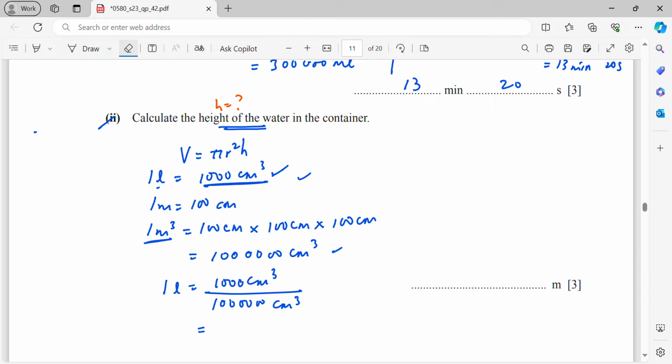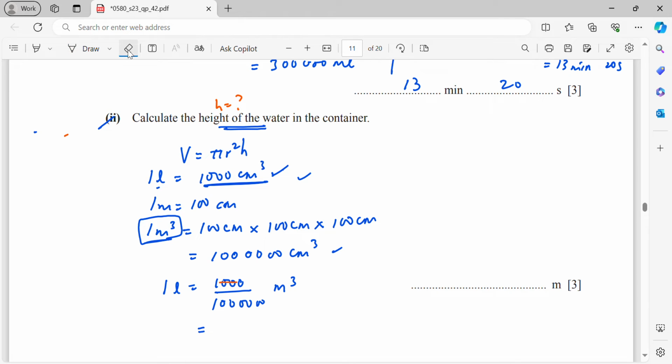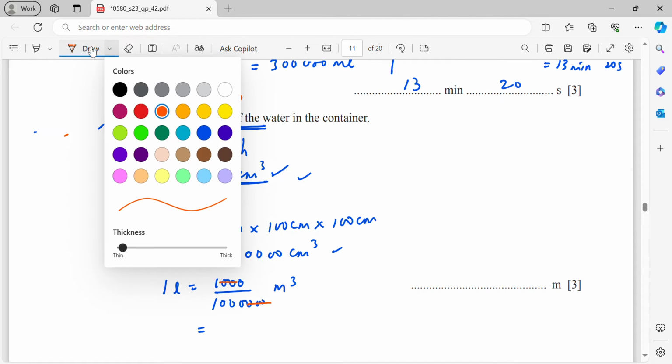Okay, now here I have to erase this one. I shouldn't write centimeter cube. Once I divide, I already changed to meter cube. That means here it should be meter cube. So now when you cancel off the terms, cancel the 3 zeros, I still have 1 over 1000 meter cube.